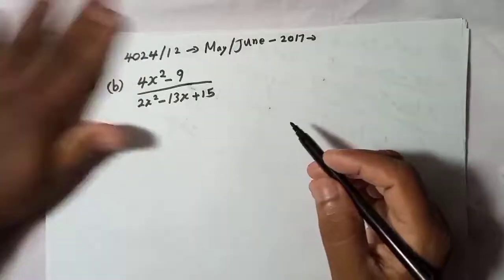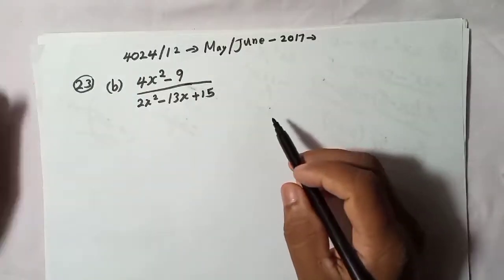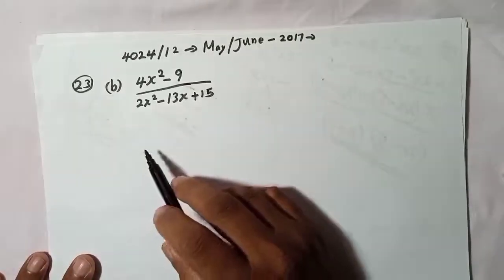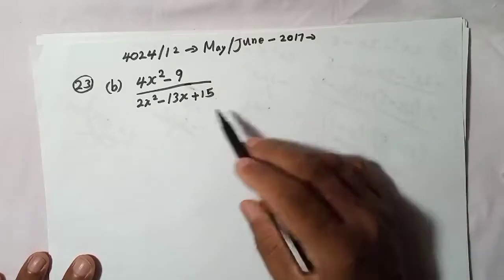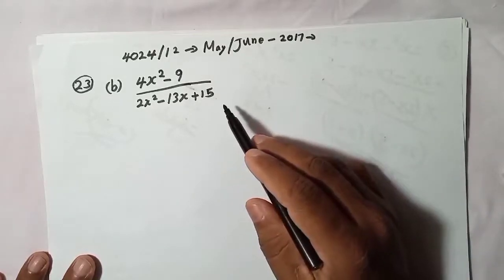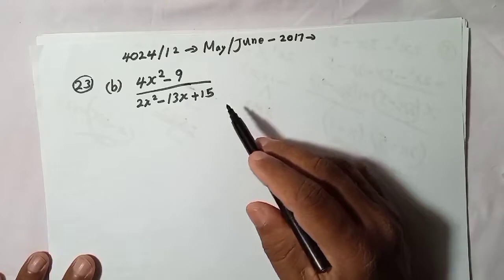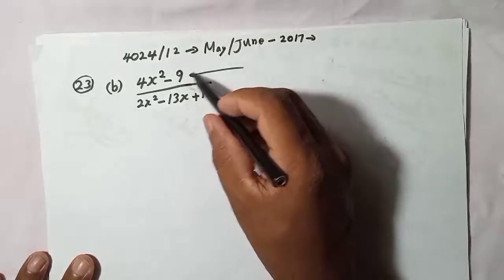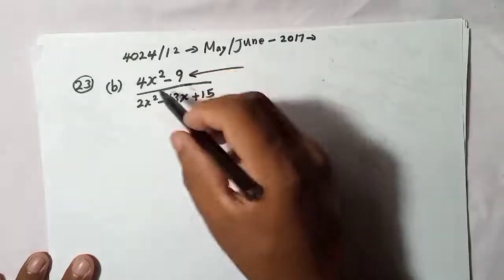Now look here, I chose another question. This is from a past paper, the 23rd question of 2017. So a little bit typical, actually not typical. Here you have to do more work. Now I have taught you these things already.